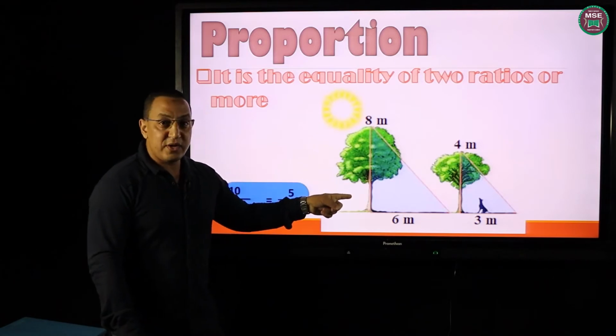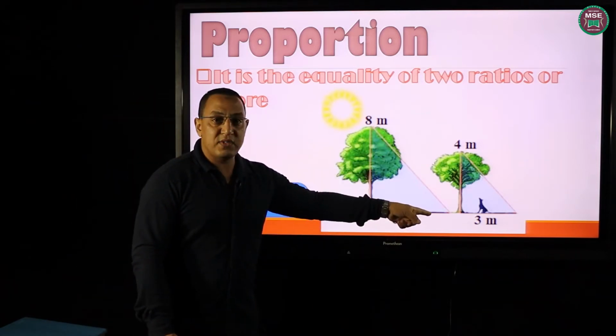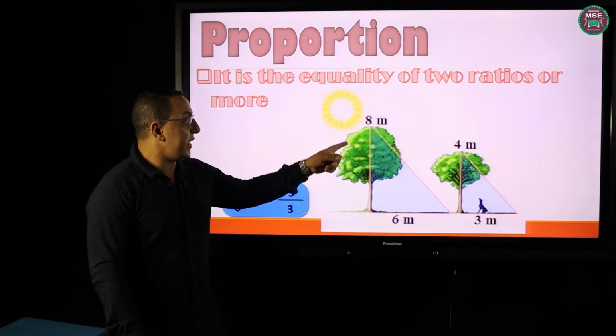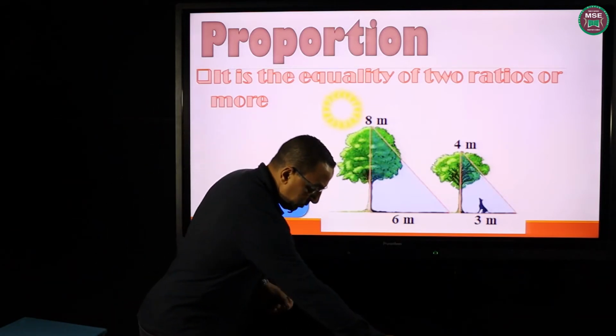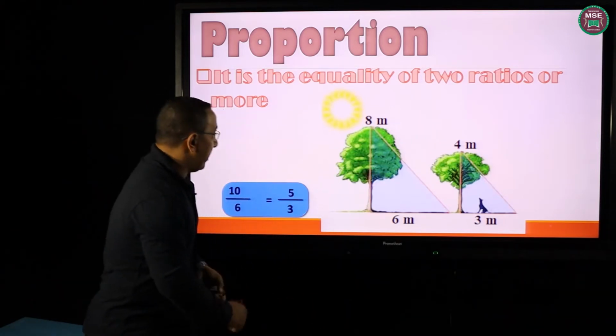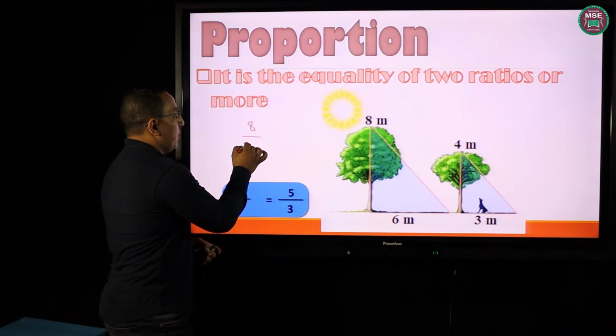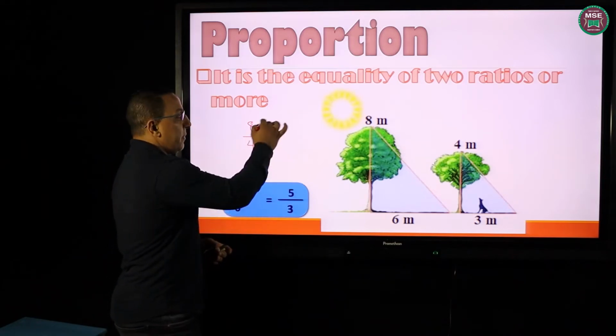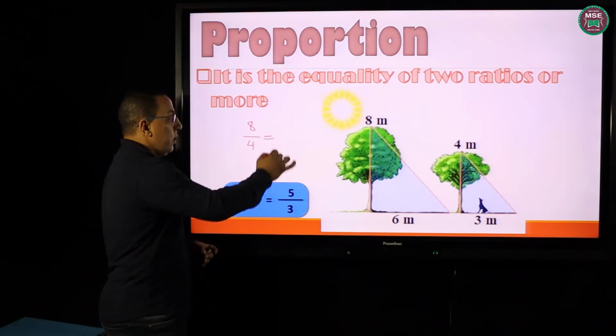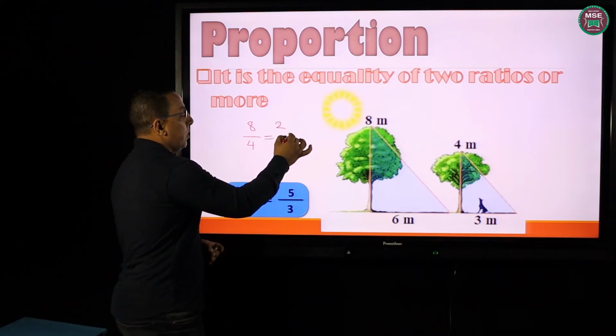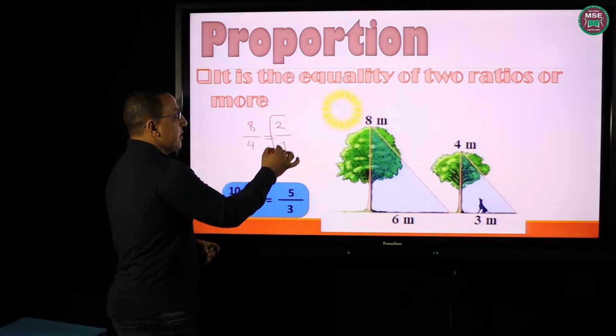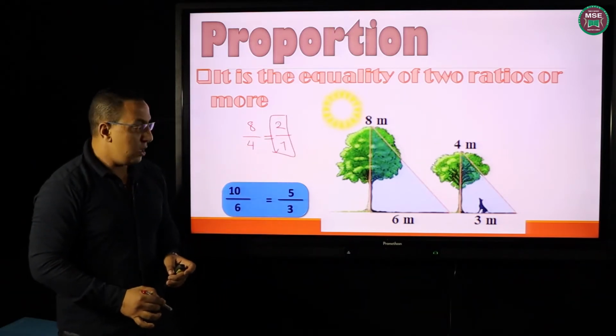The height of the first is 8 and the height of the second is 4. Comparing 8 over 4, by dividing both by 2, equals 2 over 1. This is the first ratio in the simplest form.